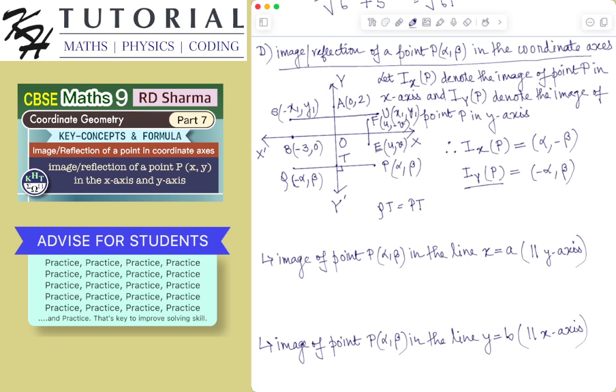I'm discussing the concept, both geometrically and mathematically. It is of utmost importance that you understand the concept of image or reflection of a point in the x-axis and y-axis geometrically. Once you understand it geometrically, it will be very easy to find the coordinates of an image in the y-axis or x-axis.